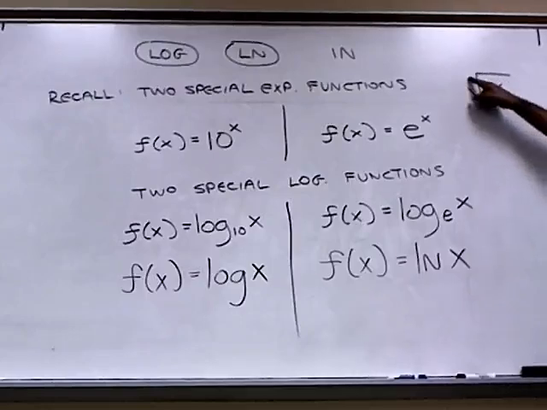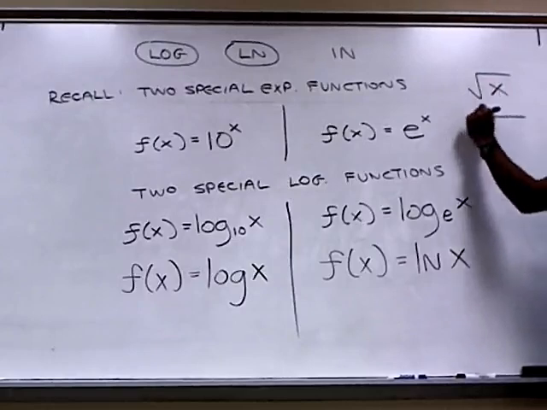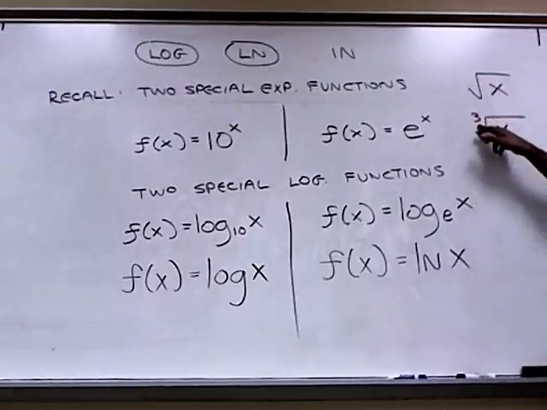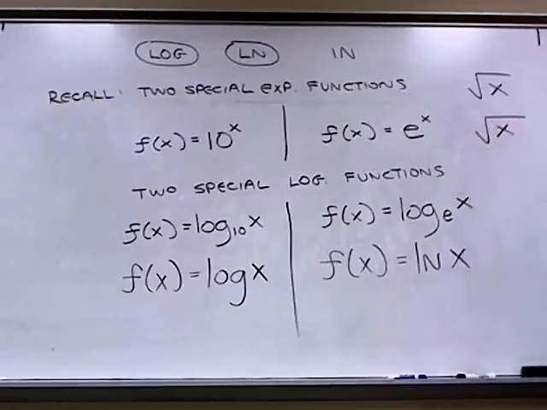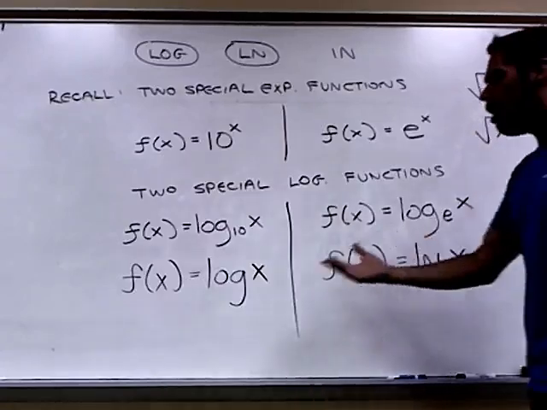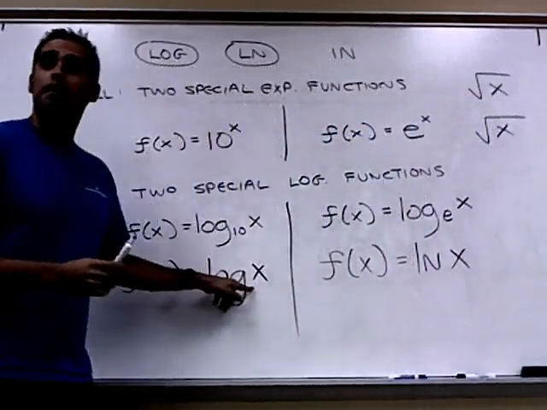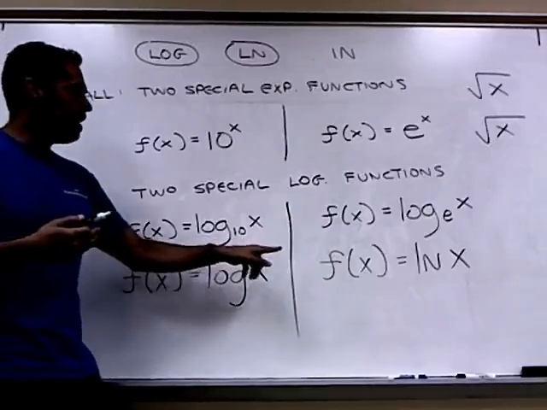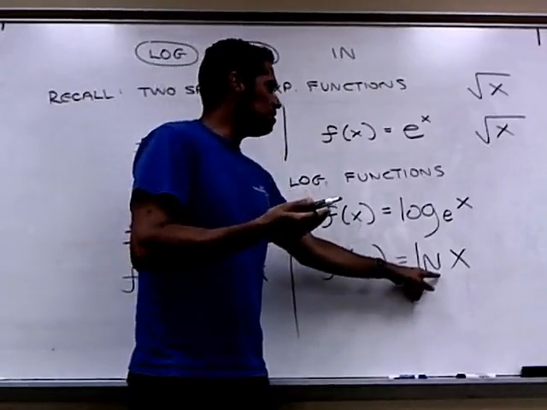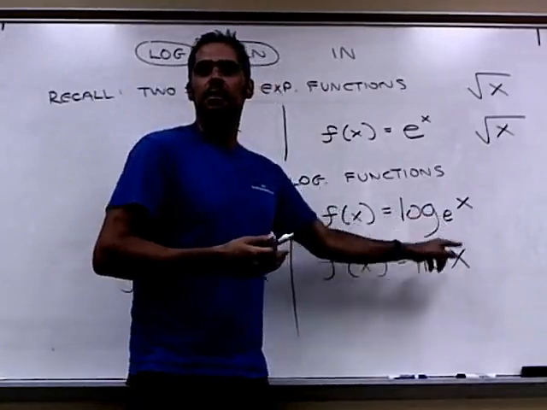If there's not a number out here, what's the number? 2, right? Like if I write cube root of x, everyone understands I mean the cube root. But if I don't write any number there, everyone understands it's square. So it's a 2. Well, if you write log without a base written, it's understood to be 10. If you write ln, it's understood to be a log with base e.